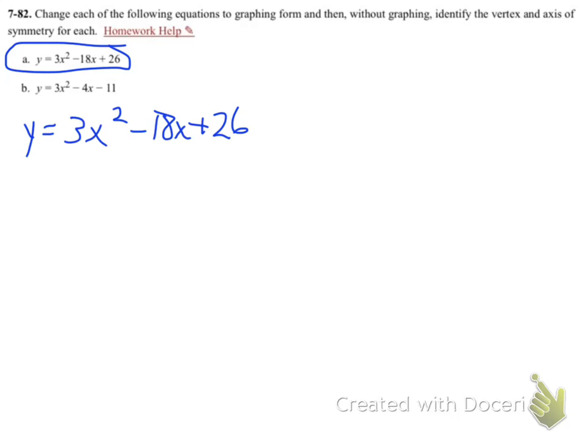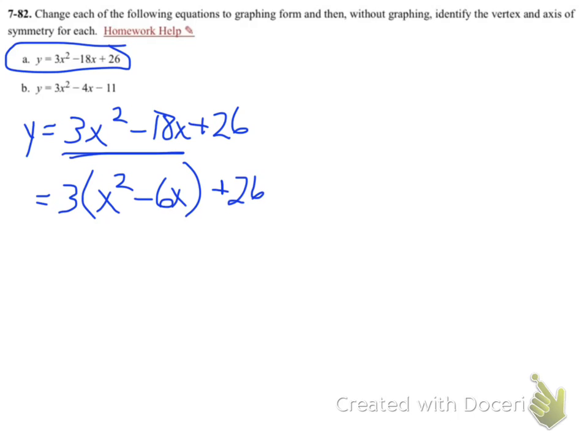So to switch into graphing form, I need to first divide the 3, my a value, out of both of those. So I'm going to factor a 3 out and end up getting 3 times quantity x squared minus 6x. My 26 still stays on the outside, though. I do not do anything with the 26.